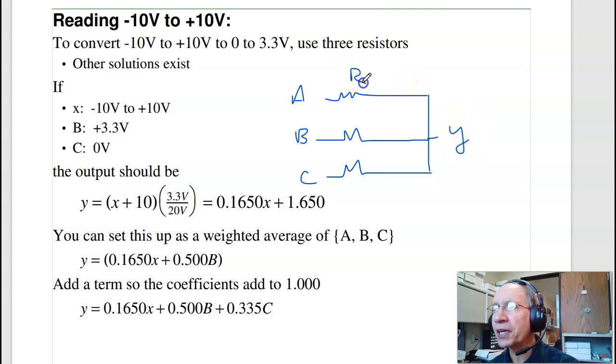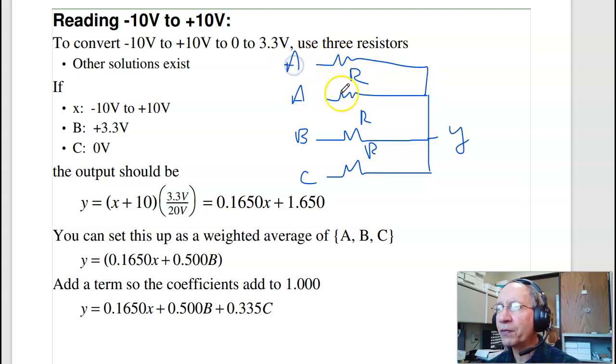If all these were the same, R, R, R, then Y, by symmetry, is just the average of A, B, and C. So it's A with a weighting of 1/3, B is a weighting of 1/3, C is a weighting of 1/3. If I want to have A have a weighting of 2, I could just have 2 resistors. And now I have 4 inputs, each has a weighting 1/4. A has a weighting of 2/4, 1/4, and 1/4.